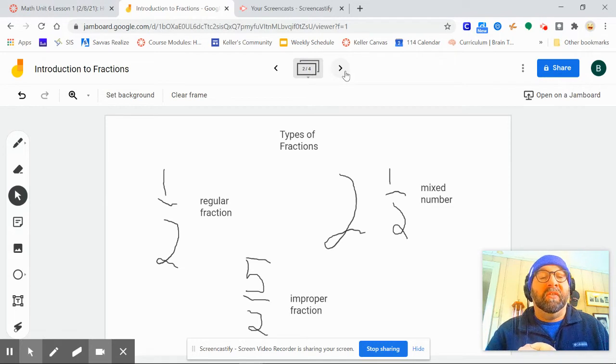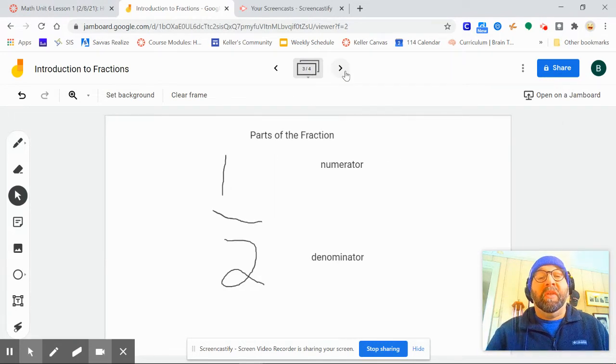Then draw this fraction and identify the numerator and the denominator. These words are going to help us communicate mathematically, so we're going to get in the habit of using them as we go through the process.